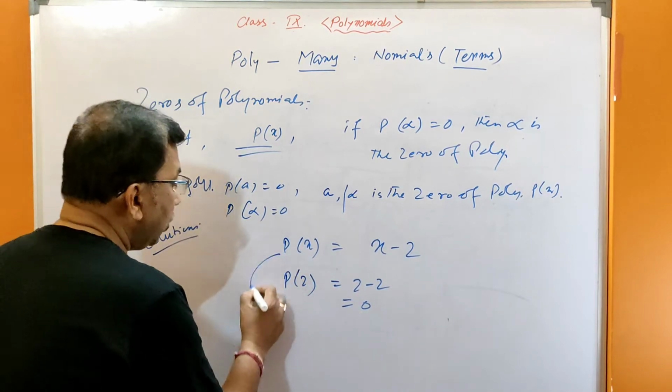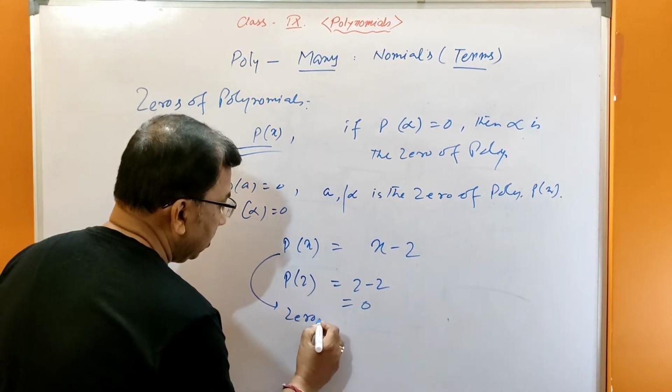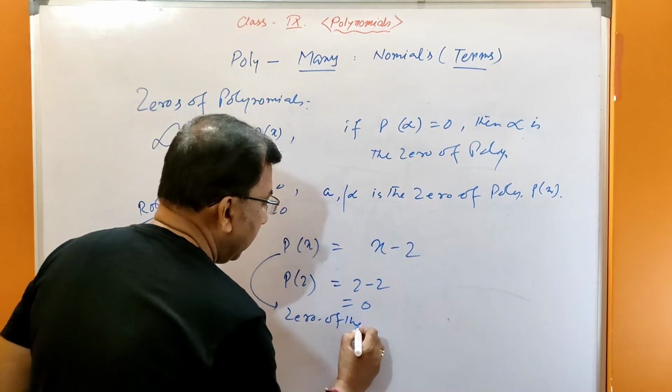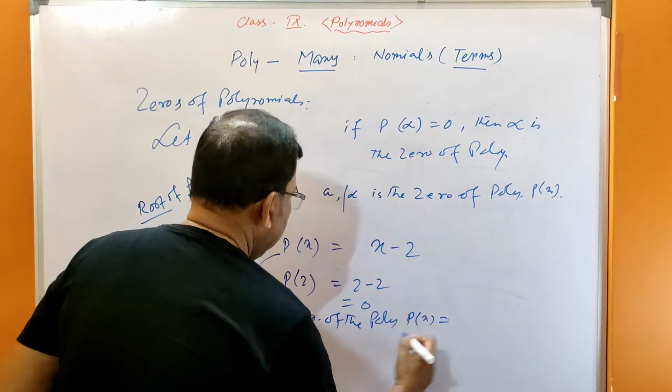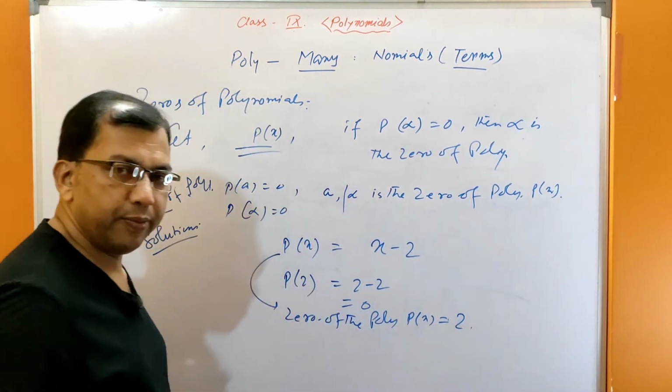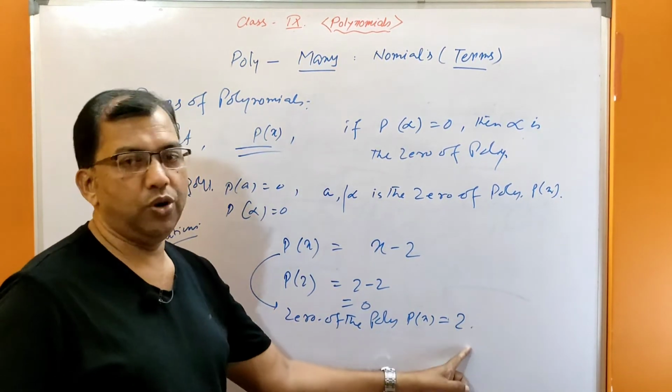So the zero of the polynomial p(x) is 2. Clear? The zero of the polynomial will be 2 here.